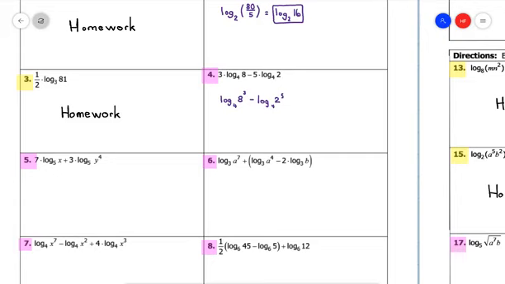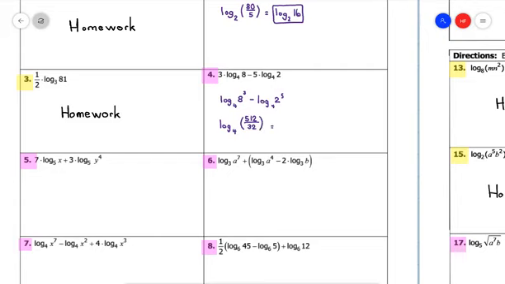And I see they have the same base of 4, so I can keep going. So I have log base 4, and since it's subtraction, now I will be dividing. So I've got 8 to the 3rd power. I'm going to go ahead and write those as the expanded numbers. So I've got 512 over 2 to the 5th, which is 32.